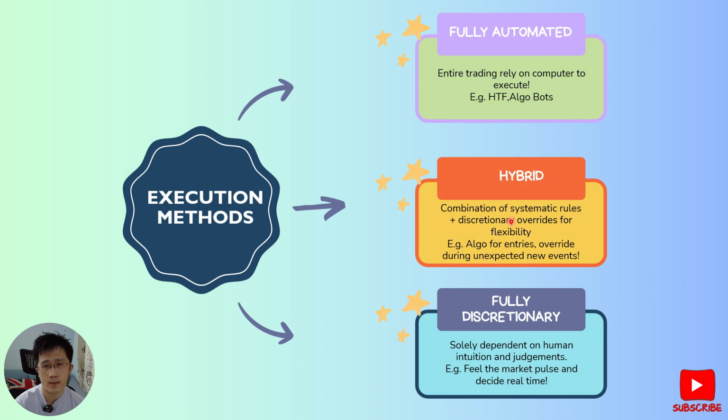And then secondly, you have a hybrid between systematic rule and discretionary. So sometimes, as I mentioned, discretionary can override the systematic rule, to give you some flexibility. For example, in this case, you have algo entries, but sometimes they can be overridden by your own judgment, whether you want this robot to get into the risk of, let's say, FOMC, which might be happening in an hour's time.